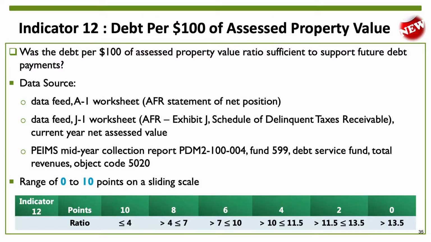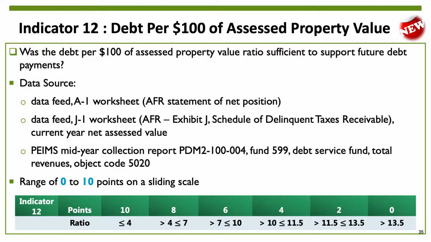Indicator 12 replaces your current indicator 10, your debt service coverage ratio. Apparently no one likes the current indicator. Well, this is what we have now because we have to look at your debt. Was the debt per 100 of assessed property value ratio sufficient to support future debt payments? That's basically what it is.